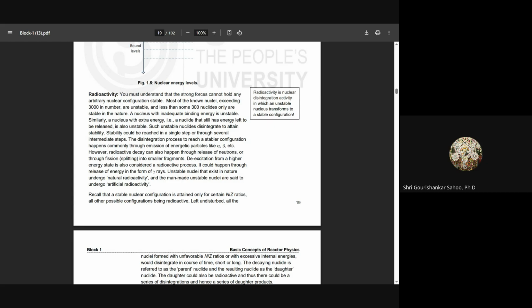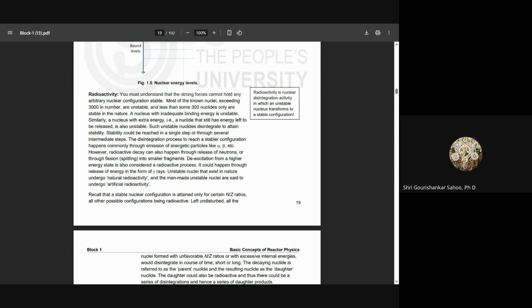Such unstable nuclides disintegrate to attain stability. Stability could be reached in a single step or through several intermediate steps. The disintegration process to reach a stable configuration happens commonly through emission of energetic particles: alpha, beta, gamma, and so forth.